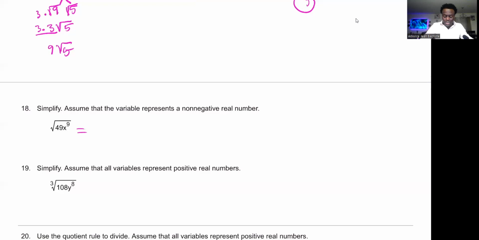But before we do that, let's separate this. So that is the square root of 49 times the square root of x to the power 9.